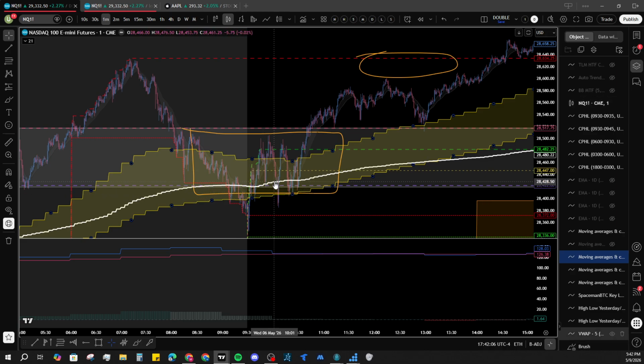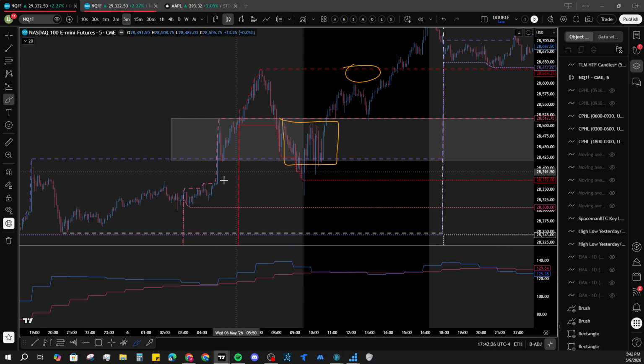So once we're holding this support idea right here from London's high and Asia's high, you also have this 15-minute EMA cloud that I tend to like. And then you see buyers have been in control this whole time, right?